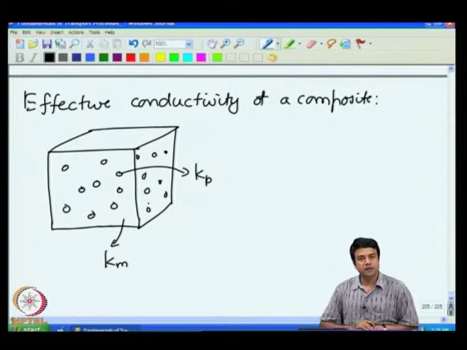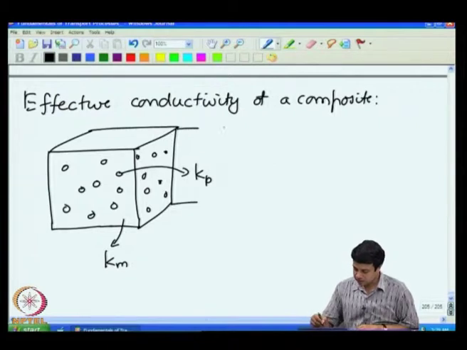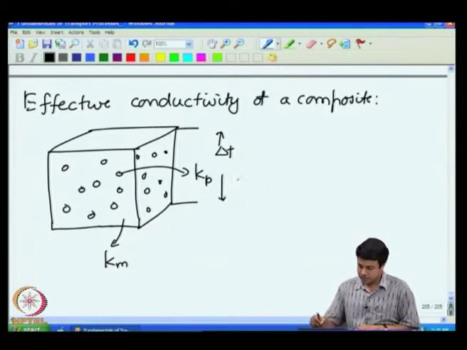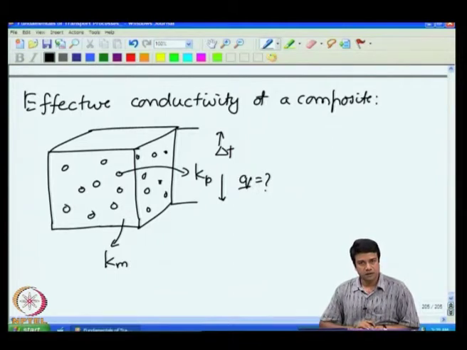What does one mean by effective conductivity? That is, if I apply a temperature difference delta T across the material, what is going to be the heat flux? If I can get a relation between the heat flux and the temperature gradient, then I know what is the effective conductivity.